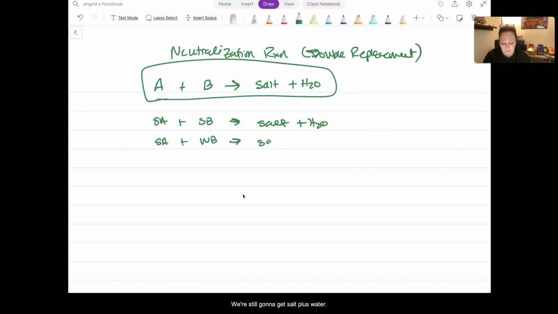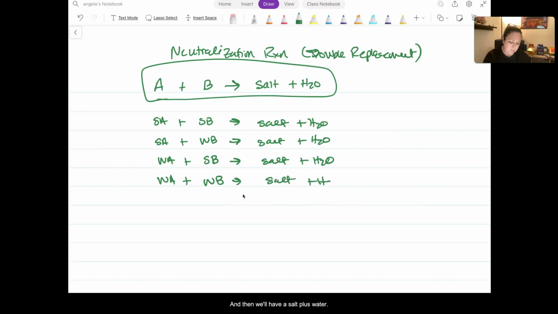We're still going to get a salt plus water. All right, so now I'm going to flip them. I can have a weak acid and I have a strong base, and that's going to still give me a salt plus water. Okay, we're getting somewhere. Now, weak acid plus weak base, I could have that one too. And then we'll have a salt plus water.